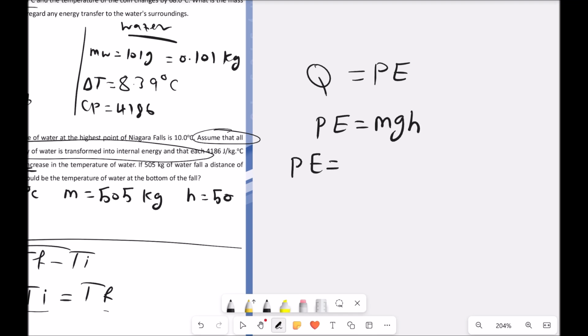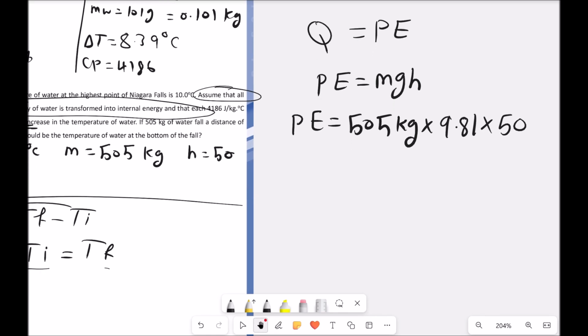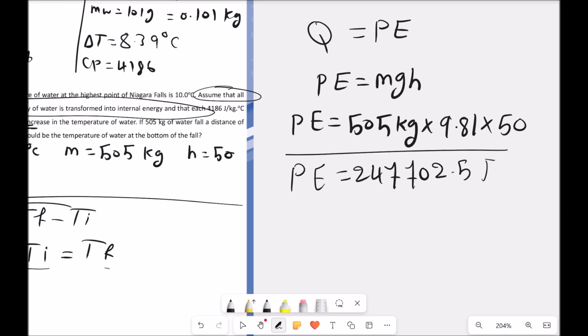PE is then going to be 505 kilogram, which is the mass of the water, times gravity 9.81 times the height of the fall. PE is going to be 247,702.5 joule. This is the potential energy.